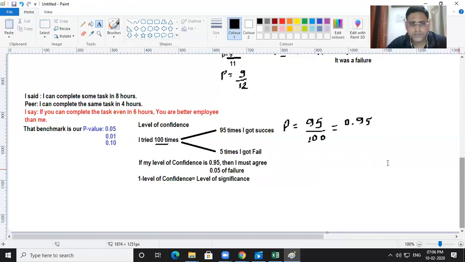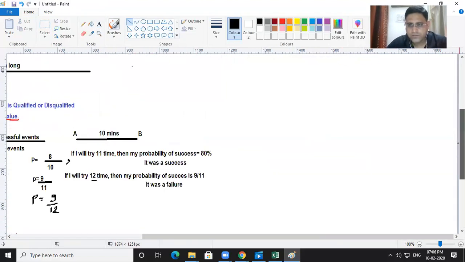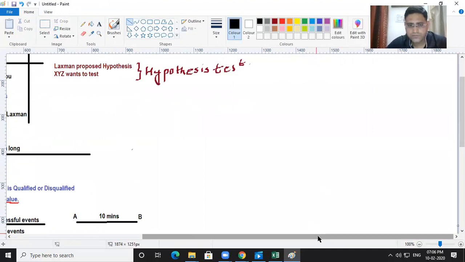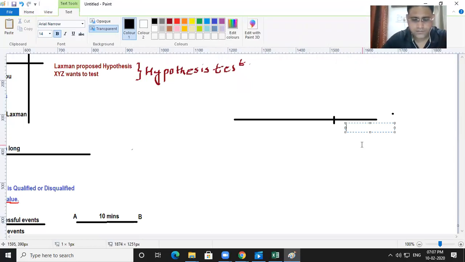Let us try to understand what we are saying right now. Let us suppose this is 100%. I'm dividing it into zones. This is my 5% zone, and this is my 95% zone.